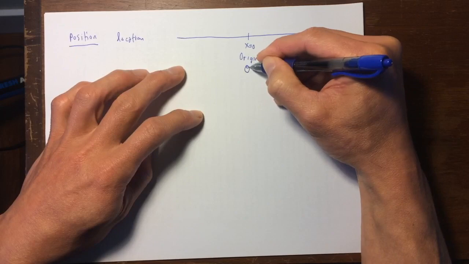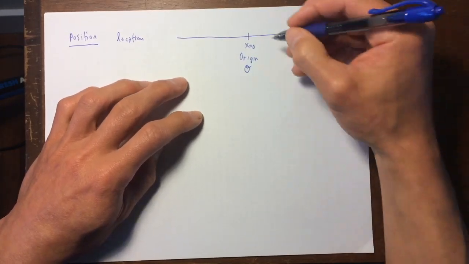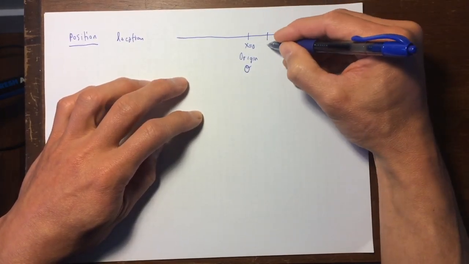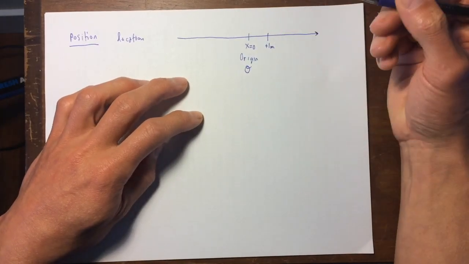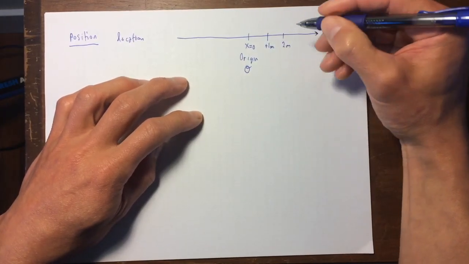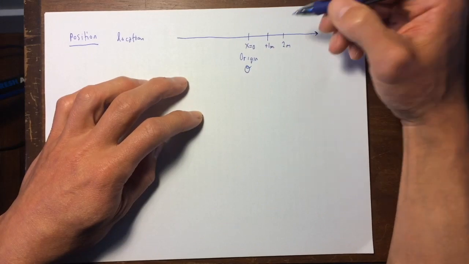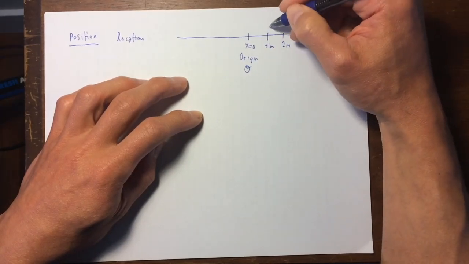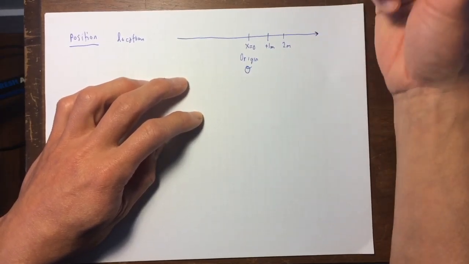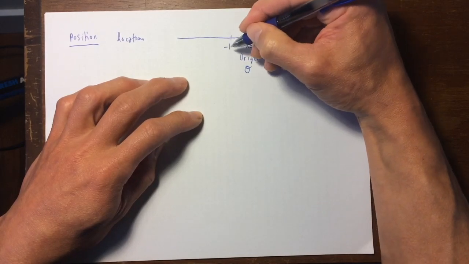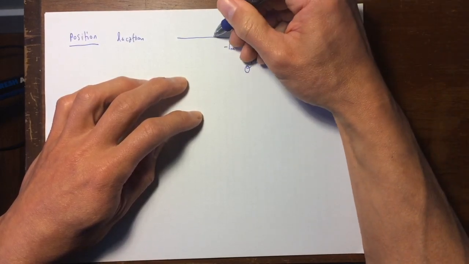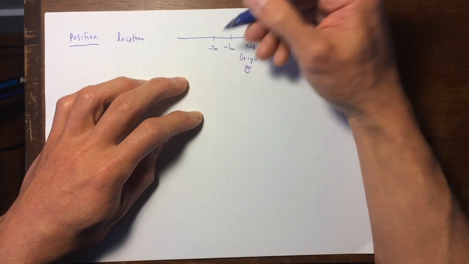Sometimes the origin is given this script O symbol, and you can be on, say, the positive side of the origin. You could be 2 meters from the origin. You could be 1 meter from the 1 meter mark on the right side, etc. But you can also be on the left side or the negative side.